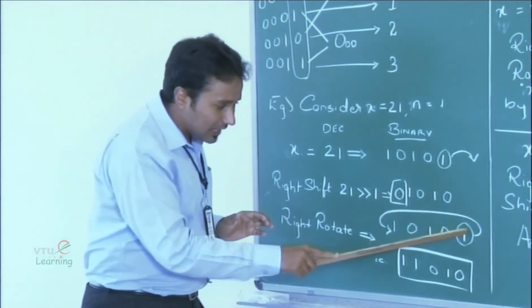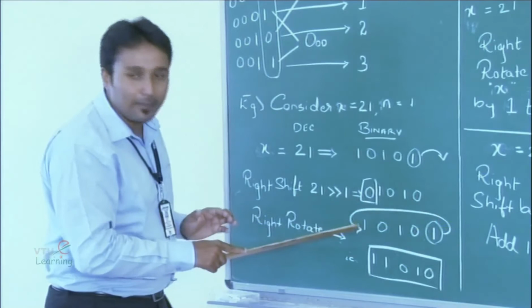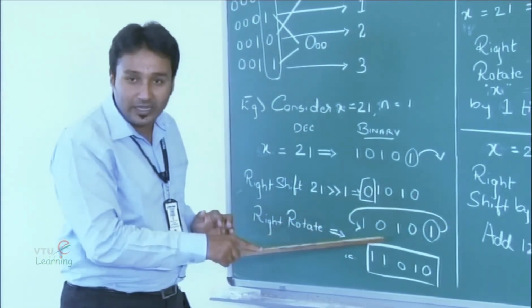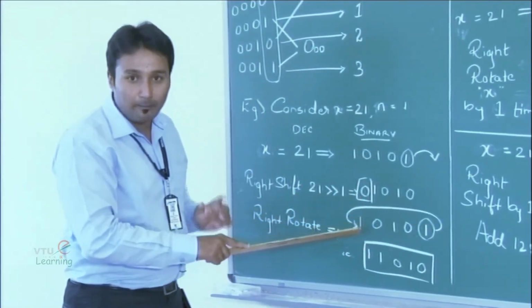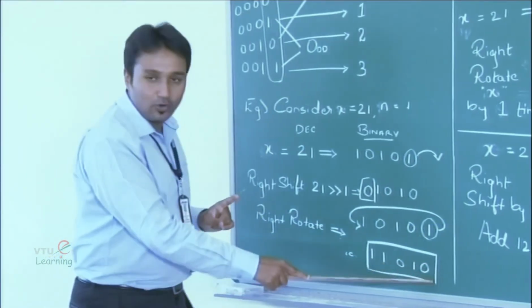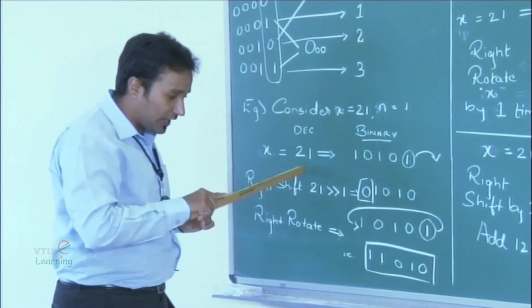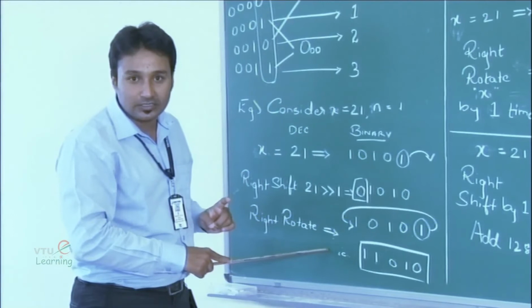That is, the last bit 1 will be moved to the MSB position. Thus, the new number obtained after rotating the given number 21 by 1 bit is 11010. This is how right shifting and right rotation work.